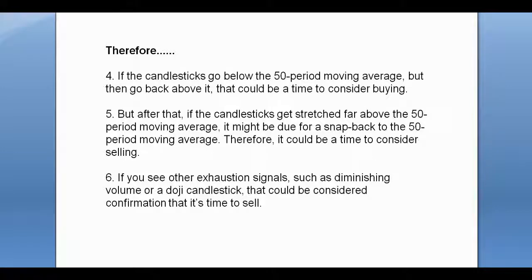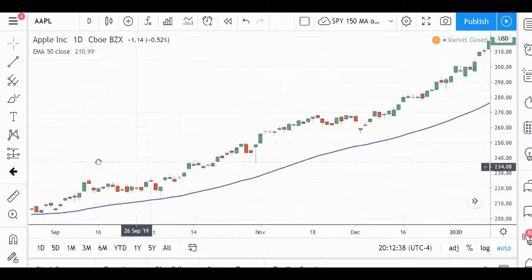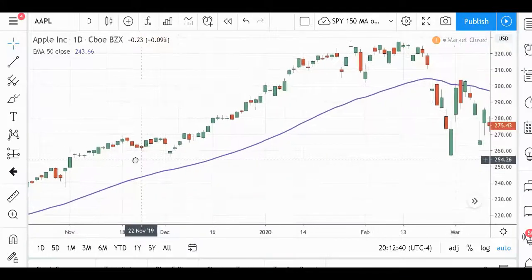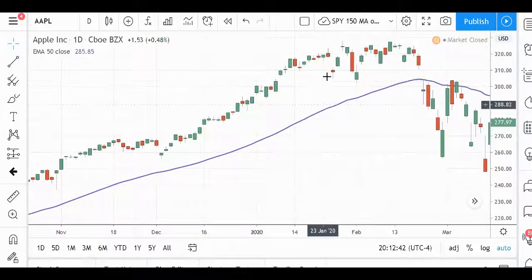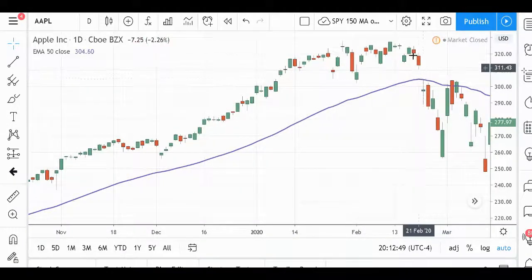Number 5, but after that, if the candlesticks get stretched far above the 50-period moving average, which we talked about, it might be due for a snap back to the 50-period moving average, okay? When it goes too far above, when there's too much white space between the candle and the line there, it might be due to snap back soon to the line, might go down.